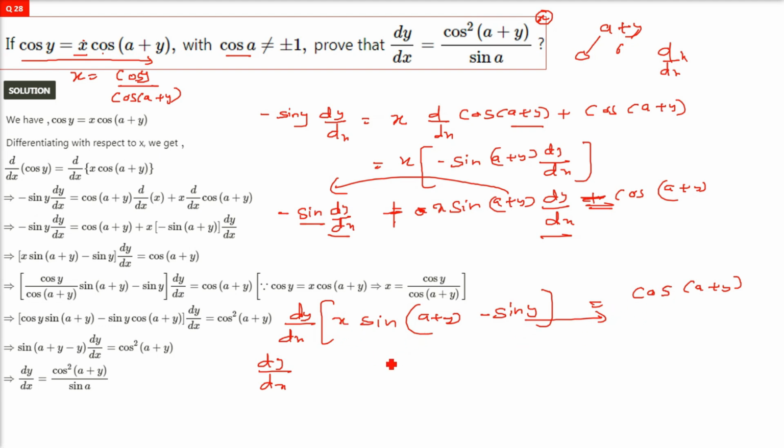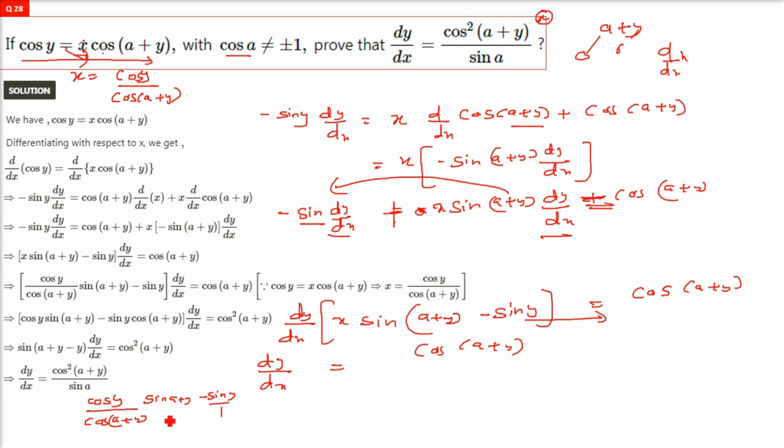When I started this question, I already told you that this x will be replaced. So I am replacing x by cos y by cos(a + y): this is cos y by cos(a + y), times sin(a + y), minus sin y.